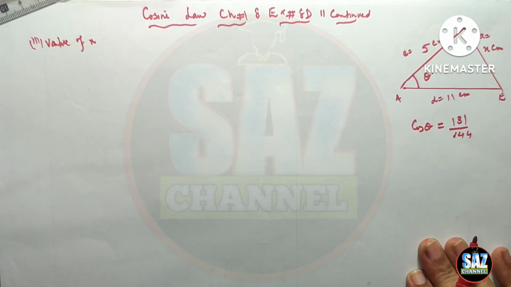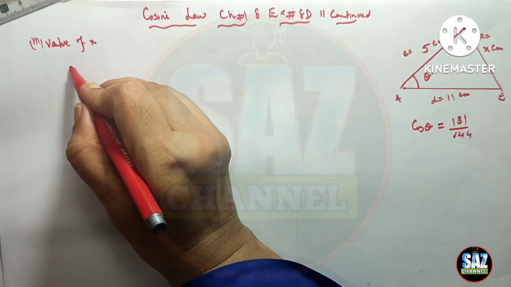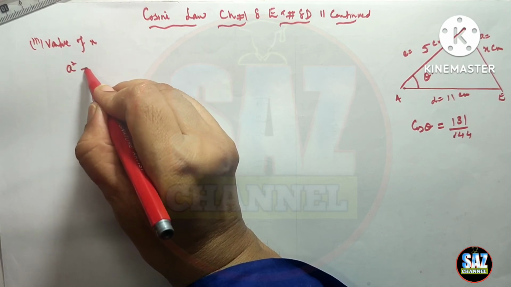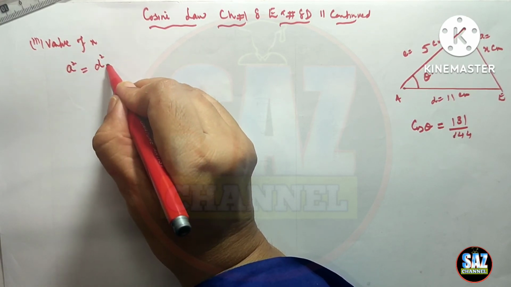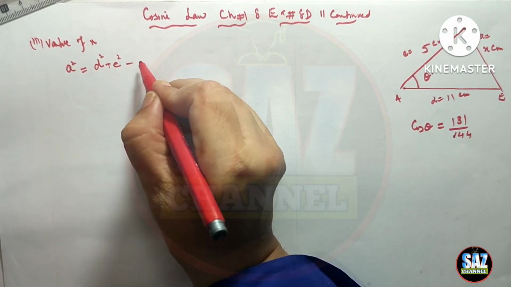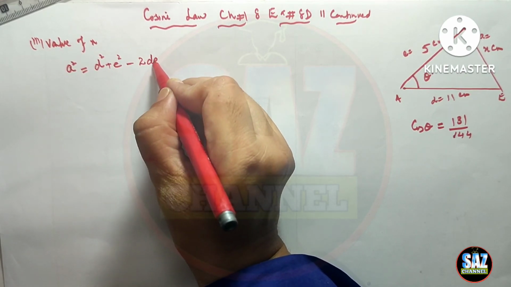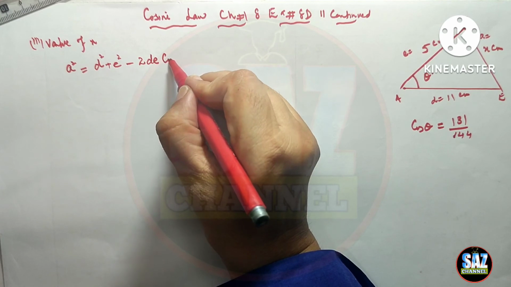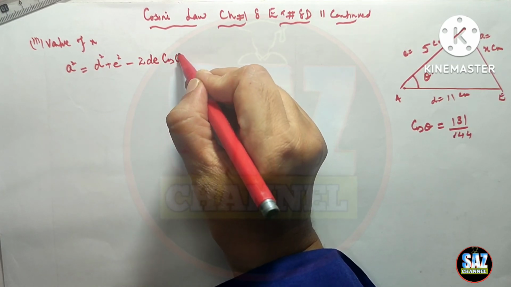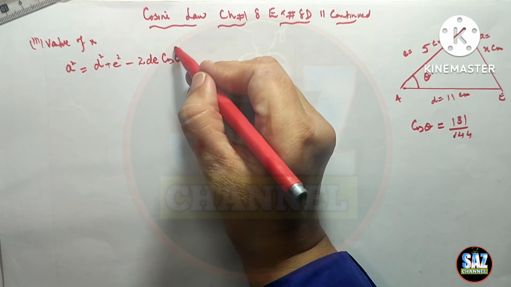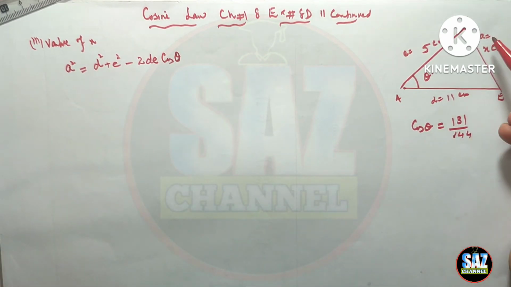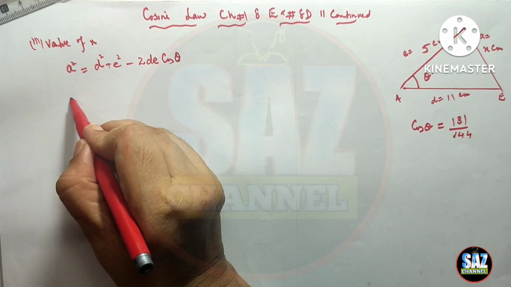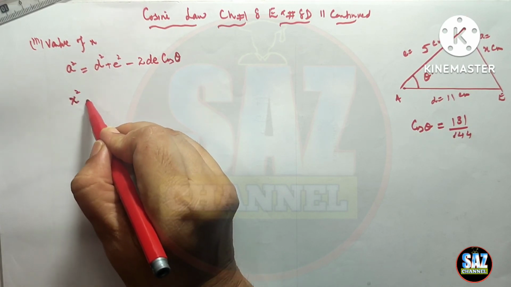We have to apply the cosine law again: a square equals d square plus e square minus 2 times de cos of angle theta, or cos of angle A, keeping in mind that this is at vertex A. Now a is the unknown length, so I'm going to write it as it is.